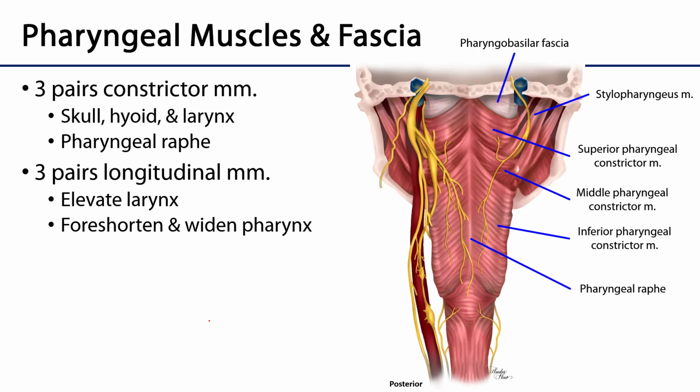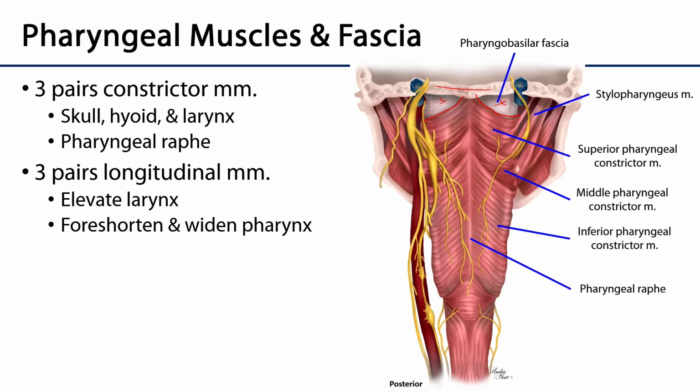So let's take a look at the posterior wall of the pharynx here. So here is the base of the skull, and I can see from that base of the skull there's some pharyngobasilar fascia on either side. The pharyngobasilar fascia is investing the deep part of the superior pharyngeal constrictor.